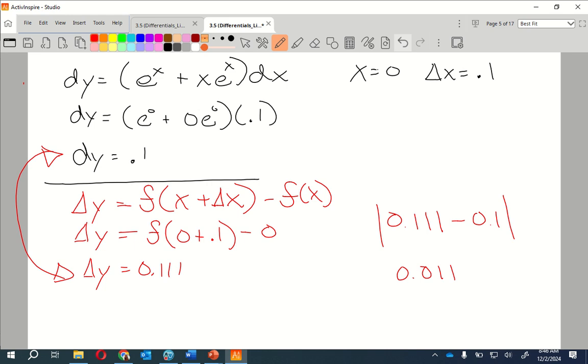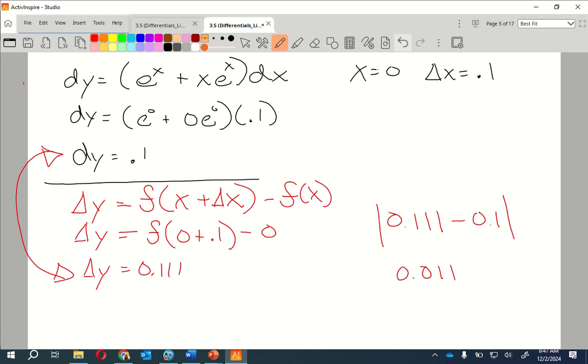So as delta x gets smaller, remember delta x, that's the change in my x's. As it gets less and less change, what's happening to my dy and my delta y? Are they getting closer together? Are they about the same?